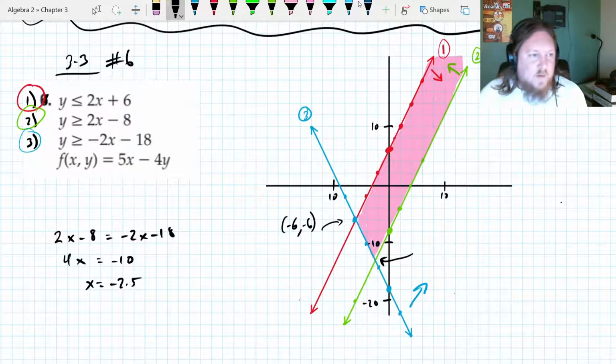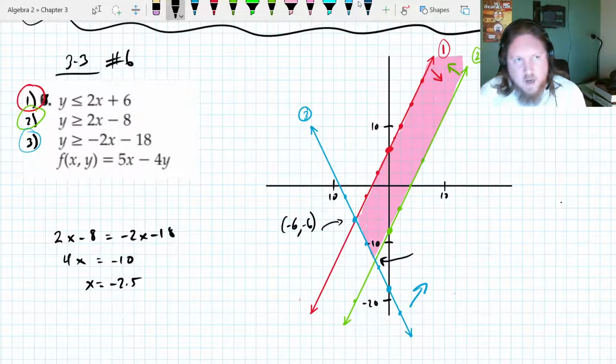That's why I figured my guess wasn't going to be right. I must have remembered from doing this problem before, which is an advantage most people don't have. But basically the idea was it wasn't an easy point to read or to check, so I just defaulted to solving system of equations. Now that I have the negative 2.5, all I have to do is plug it into one of the equations.